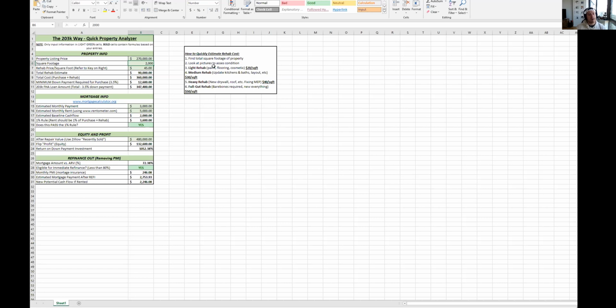Full gut rehab, okay, that's $50 a square foot. That is something like my property, guys. So my property, I had to go in, and there was so much mold, and everything was falling apart. All the systems were completely unusable. I had to strip that thing down to the bones, okay? All that was left was wood, right?